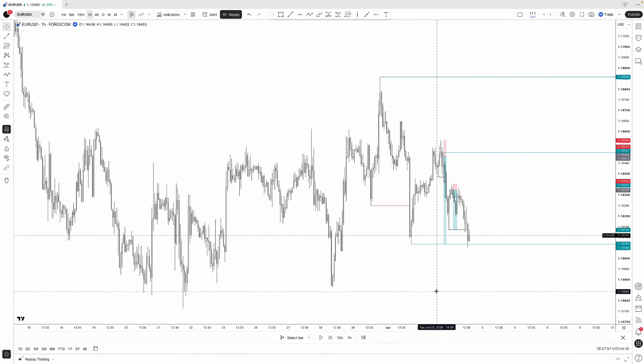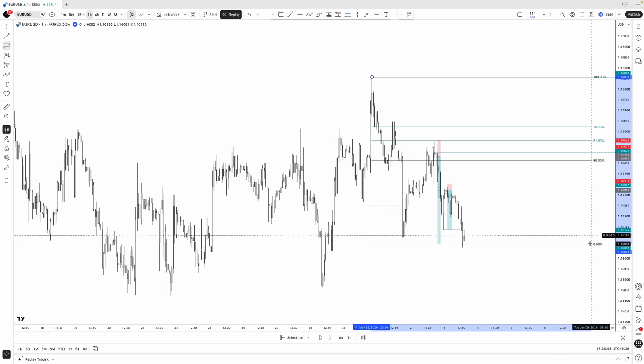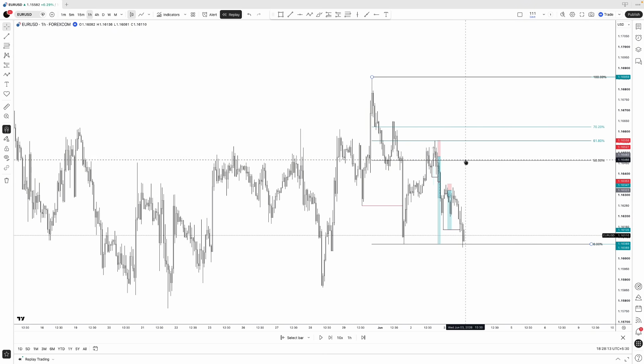Now if you go to a higher time frame, you had a lower high, a lower low, price then created a new lower high, and now it created a new lower low. So the best place to take the trade from is above the 50% area or at a premium price, because if you're selling it, you have to sell it at a higher price.